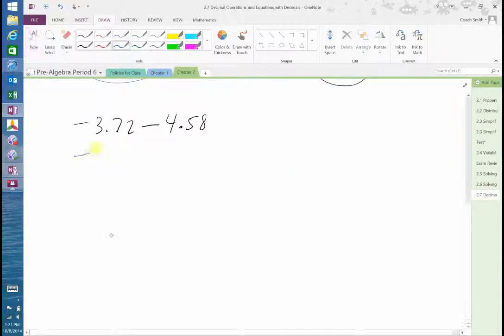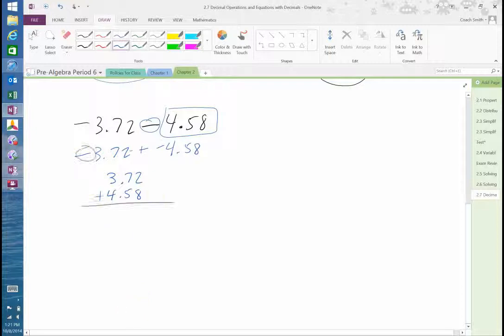So this is negative 3.72. I reversed them. Dyslexic there. Change that to addition. Do the opposite of positive, which is negative 4.58. So I have two negatives, so we just add the two numbers together.